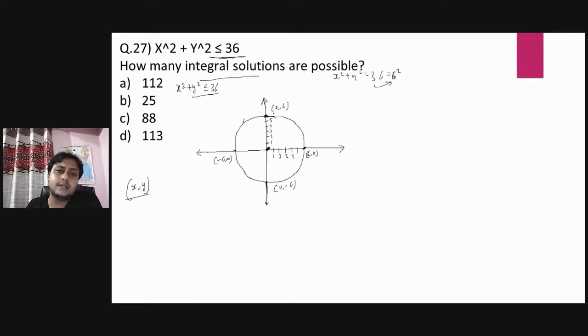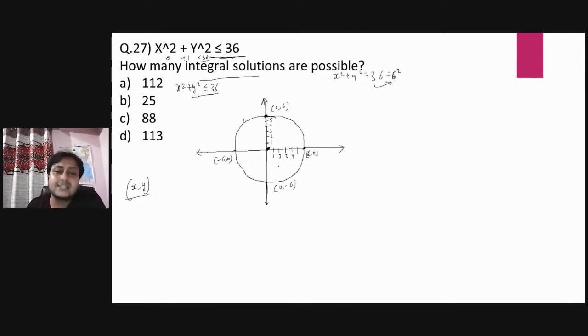This 0 comma 6 is on the boundary of the circle, right? So on the positive y-axis, how many solutions? 6 solutions that fulfill this condition. Like this point is 0 comma 1, meaning x is 0, y is 1, 0 square is 0, 1 square is 1, 0 plus 1 is 1, which is less than 36, right? So 6 solutions on this positive y-axis.